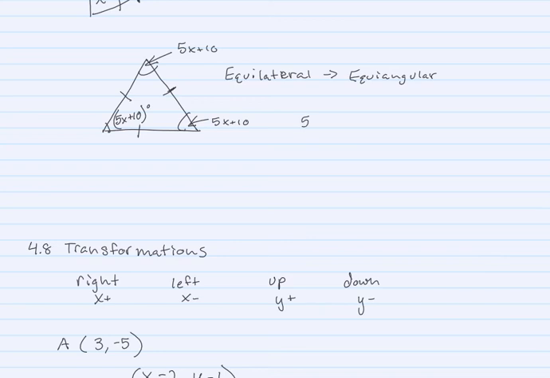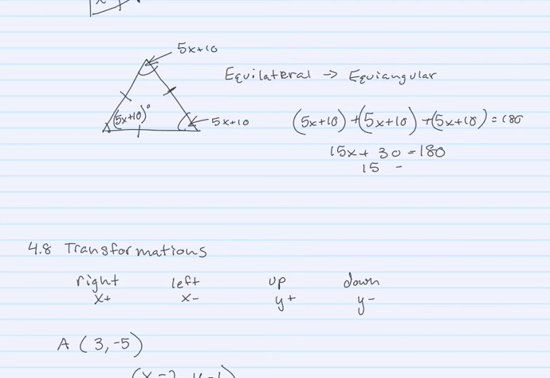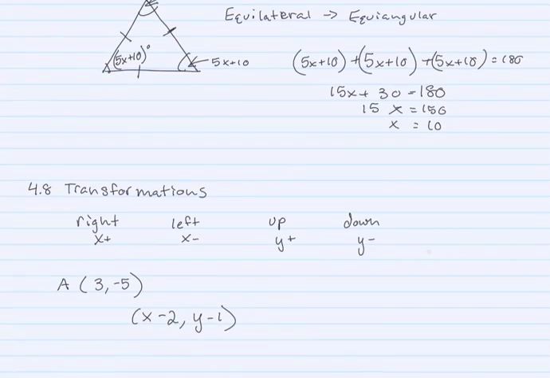So here I have, I'm writing it out, 5x plus 10 plus 5x plus 10 plus 5x plus 10 equals 180 degrees. So this is 15x plus 30 equals 180. 15x equals 150, and x equals 10. So that's just using what you know about sides and angles and their relationships as far as isosceles and equilateral.